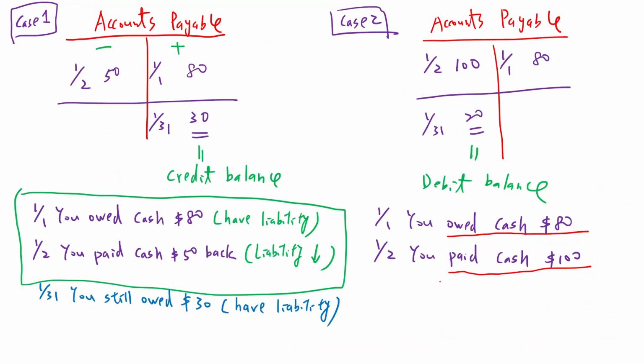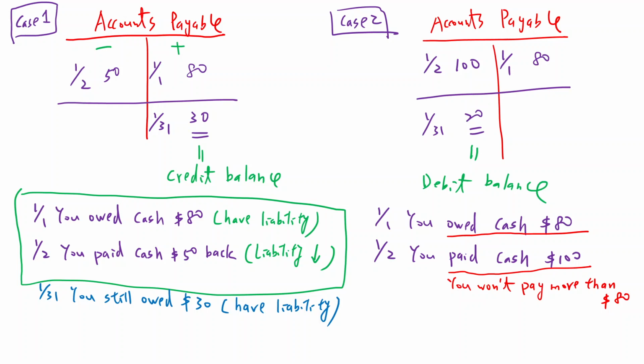So how could you pay? So you won't pay more than 80, right? I owe you money $80. I will just pay you money back $80. Impossible I pay you money back more than 100.